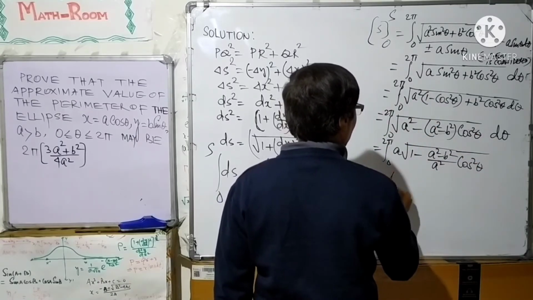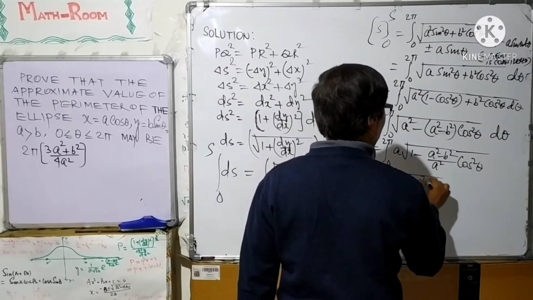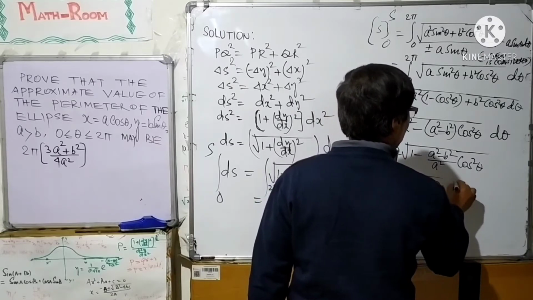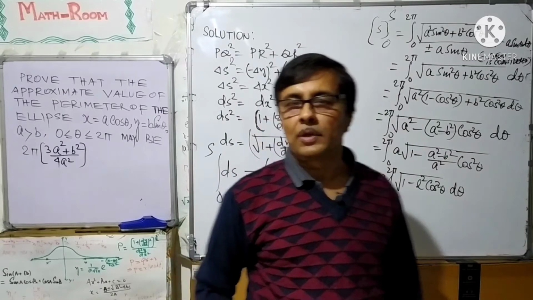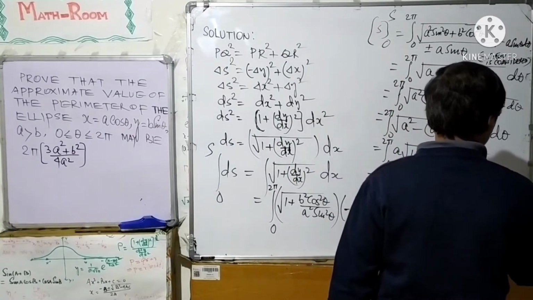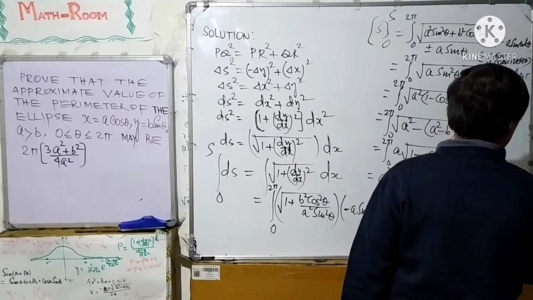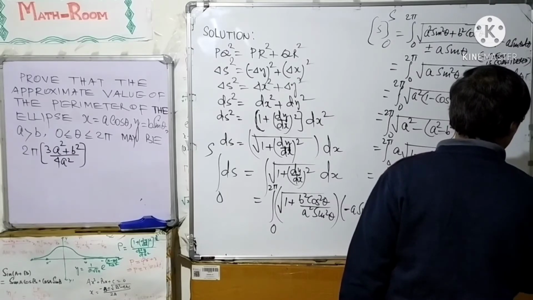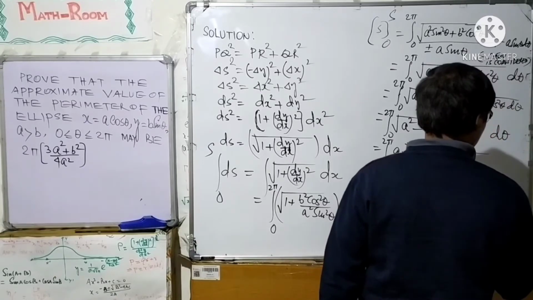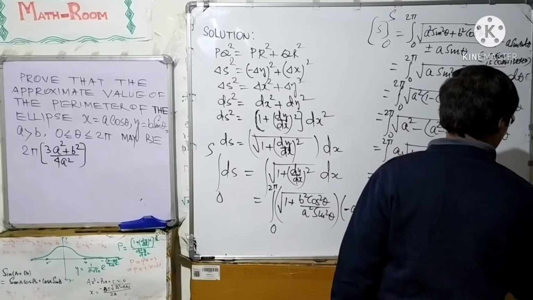So, a times the integral from 0 to 2 pi of root 1 minus e square cos square theta d theta, because e is the eccentricity of the ellipse. e is taken as the eccentricity of the ellipse, so e square equals a square minus b square over a square.